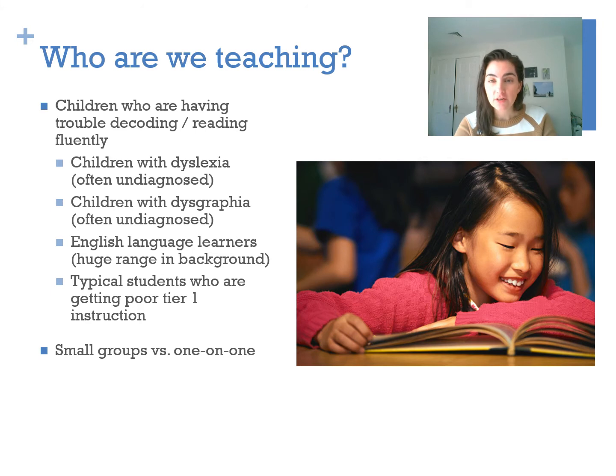English language learners, and there's a huge range in that background. That can mean a child who's coming from a super educated and wealthy family and they're visiting the Boston area for their parents' doctoral program or teaching fellowship. Or that could be the other end of the spectrum and somebody who's just arrived from a refugee camp.